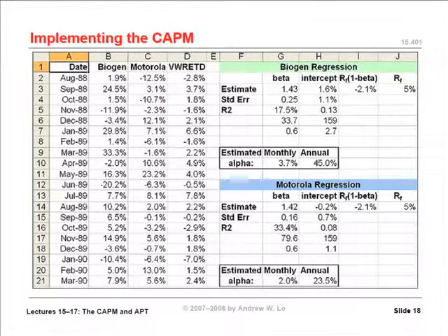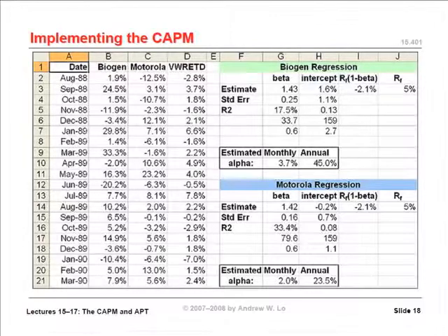For Biogen, the beta is 1.43. The intercept is 1.61%, and the standard error is 1.1%, and then RF times 1 minus beta is minus 2.1%. This should be equal to the alpha in that previous equation that I gave you, okay?